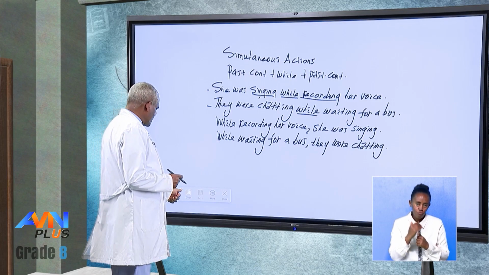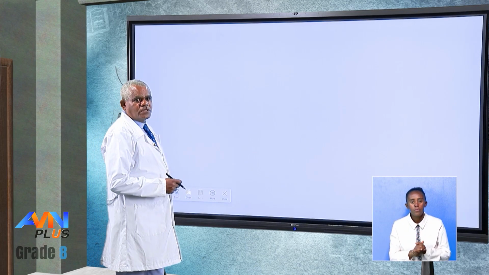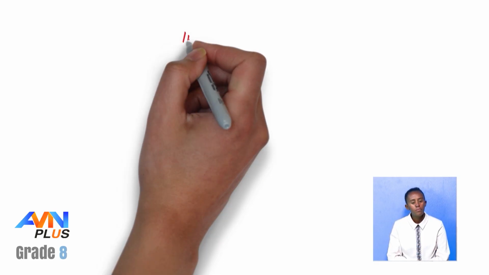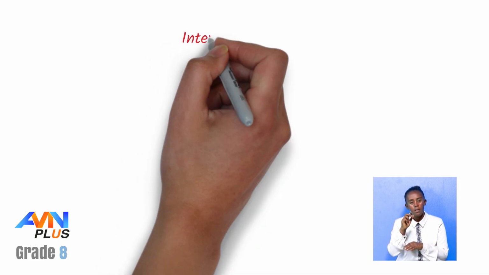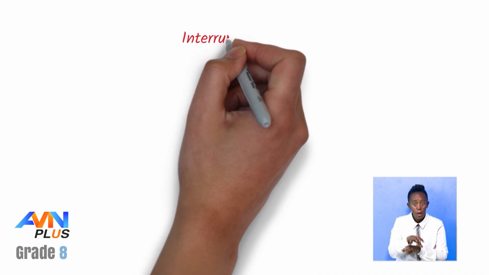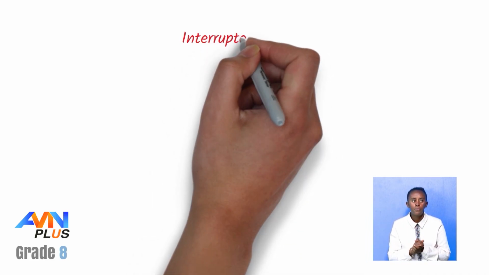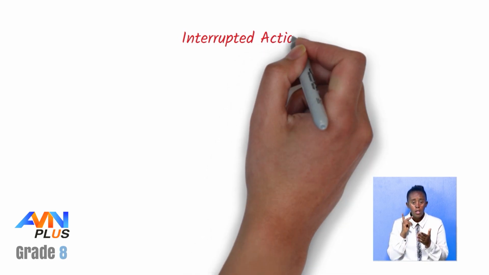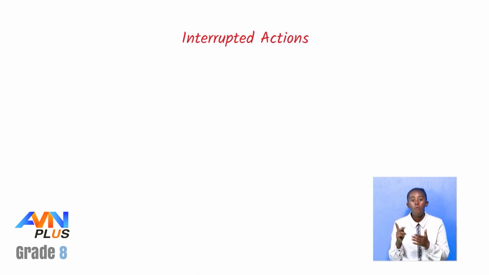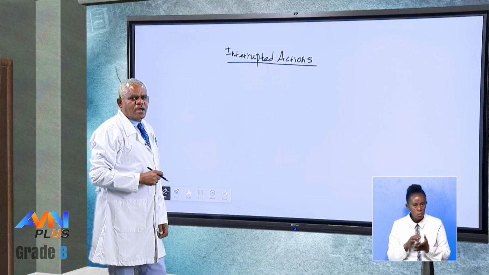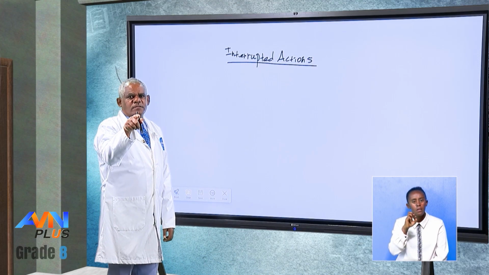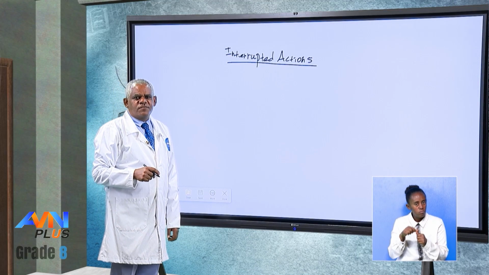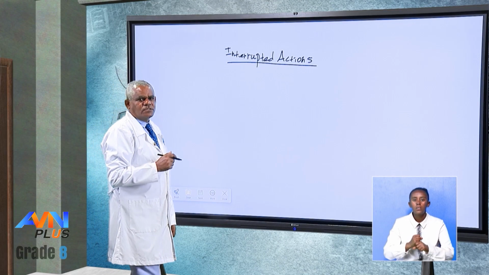Good. Let's go and see the third one, interrupted actions. Still, it's a part of the past continuous tense, students. What do you mean by interrupted actions? There are some rules you have to keep while performing interrupted actions.